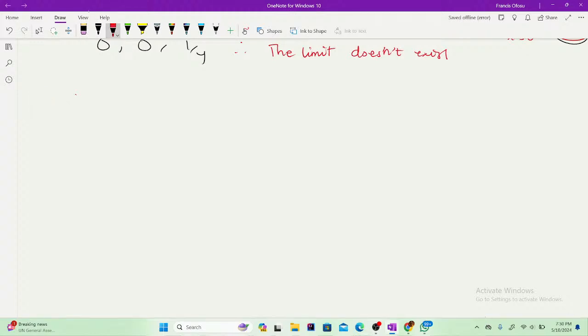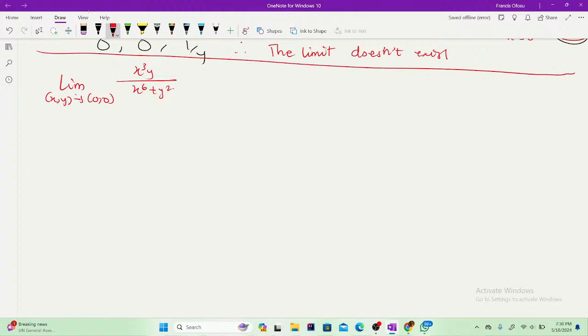Okay, so let's see. I have the limit as (x,y) approaches (0,0) of the function x cubed y all over the expression x to the power 6 plus y squared. So to solve this problem, as usual, you need to find your functional value at the point (0,0).